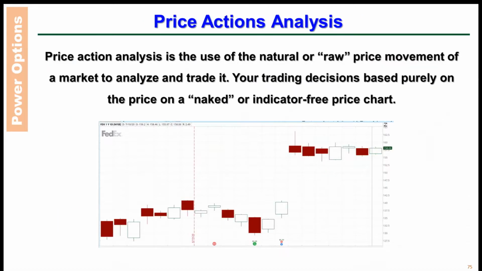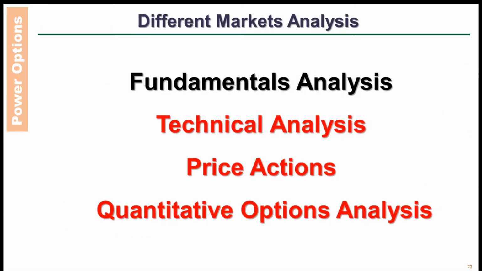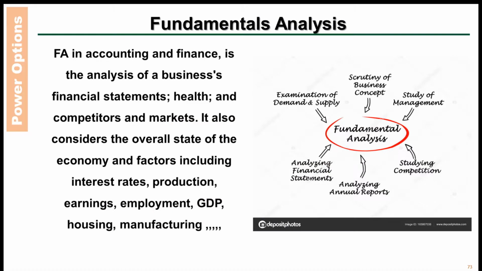So let's go back and repeat again. Market analysis, by which you can determine trading opportunities: fundamentals, technicals, price action analysis, quantitative option analysis. Fundamental analysis is self-explanatory: the annual reports, financial statements, EBIT, cash flow ratios and things like that.